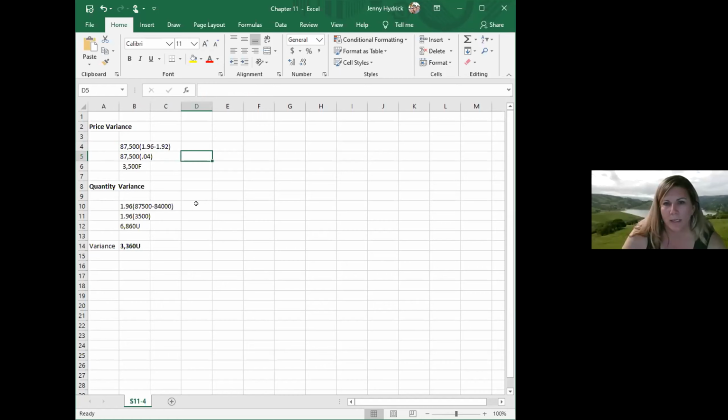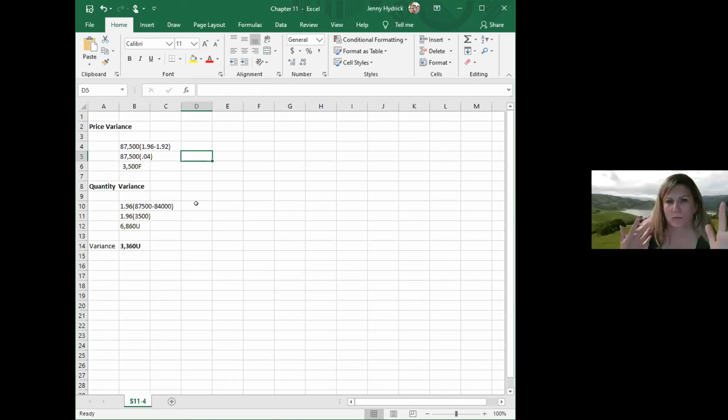And then for quantity, kind of flip-flop, and we discussed this in our group, you would actually use the standard cost, which was $1.96, and multiply it by the difference between your actual direct materials and your estimated direct materials.